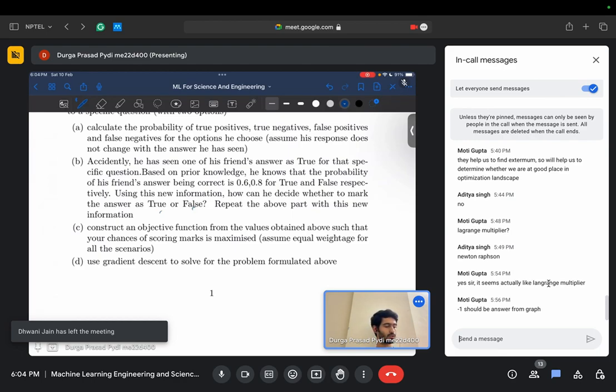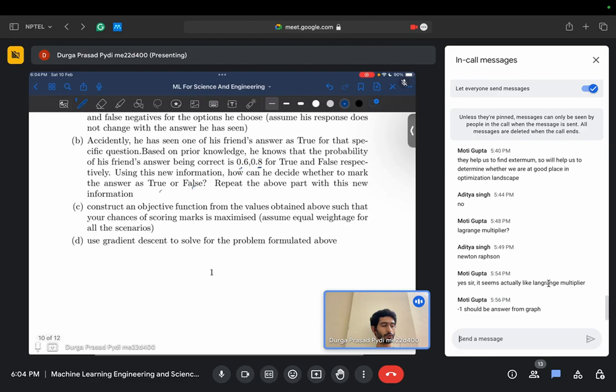Are there any suggestions? How do I go about this? So what are these 0.6 and 0.8? Whatever you know from the previous knowledge is basically that whenever that particular friend has said true, it was right 60% of the time, and whenever he said false, it was right 80% of the time.